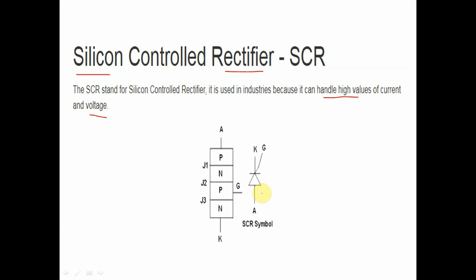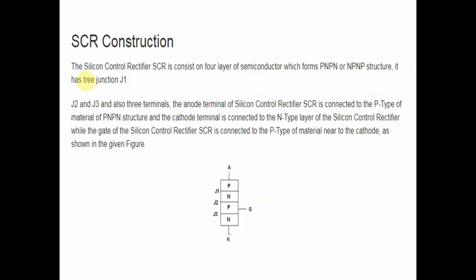Now we will deeply study the construction of SCR. See, this is the structure of SCR. The silicon controlled rectifier consists of four layers of semiconductor structure: P layer, N layer, P layer, N layer.